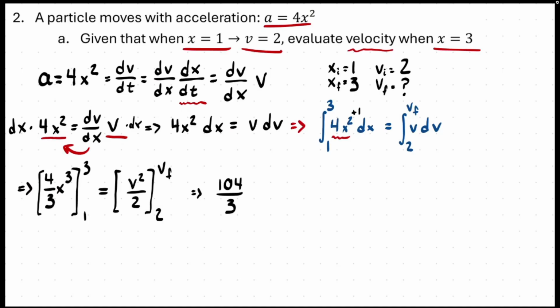So that's the x side, and that's going to be equal to the right side. On the right side, we do have a variable in there, so it's not going to be a whole number. After you do the fundamental theorem of calculus, if you remember, it's the top minus the bottom. So vf squared over 2 minus 2 squared over 2.